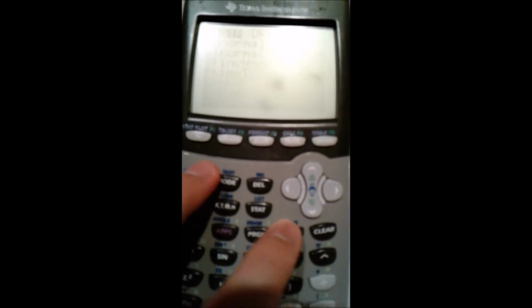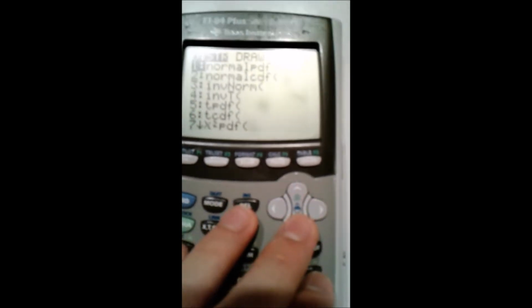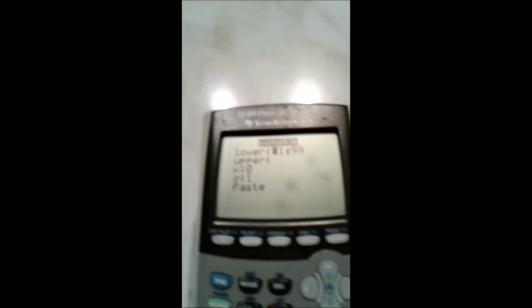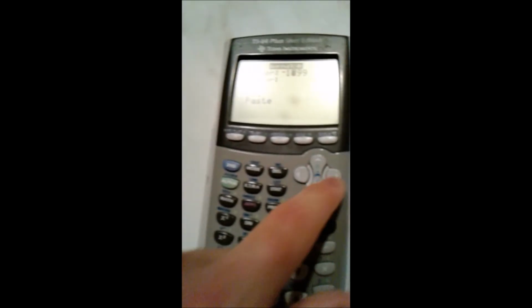Okay, take out a calculator and press second, and then press vars. Now click on normal CDF. Plug your z-score into the lower value, in our case, negative 1.22, and plug the number 99 into the upper value.